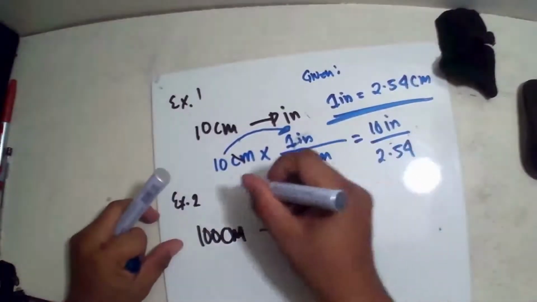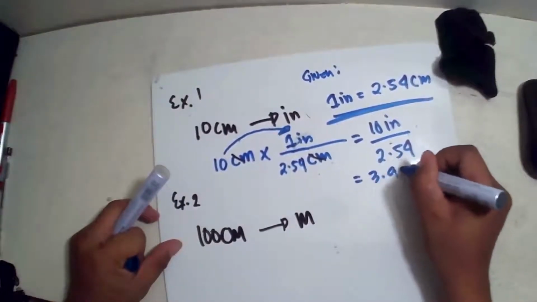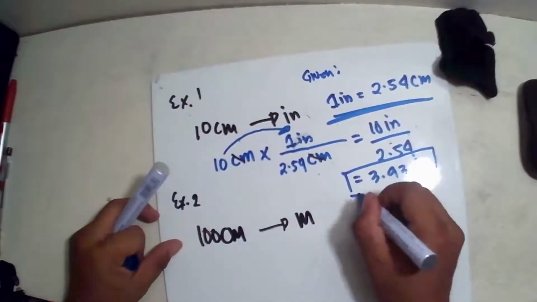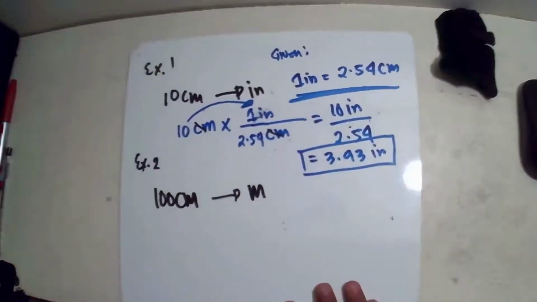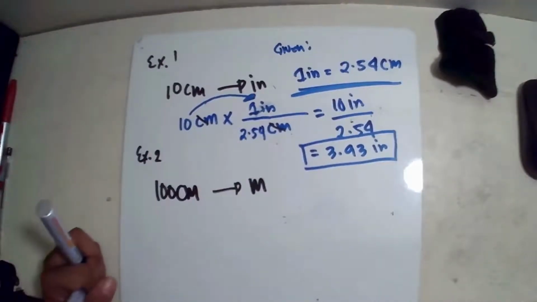This is equal to 3.93 inches. So this is the answer for number 1: 3.93 inches. Okay, let's go to example number 2, 100 centimeters to meters.